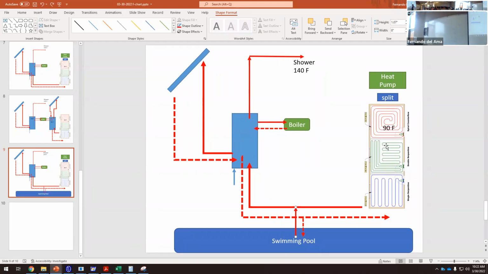Okay. So in summer, I'm doing all this. So all the heat that I don't need, I'm taking this heat to the swimming pool. So the swimming pool in summer will be warmer than usual.